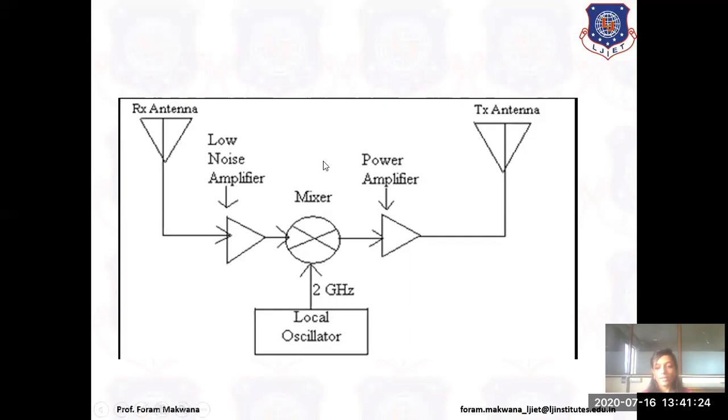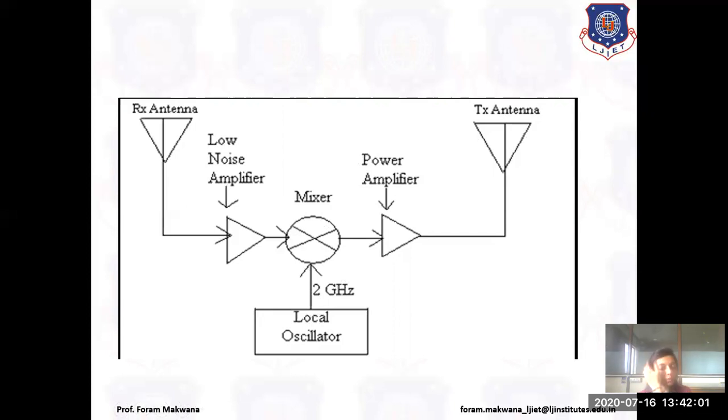In this block diagram, we can see a receiving antenna, a low noise amplifier, mixer, local oscillator, power amplifier, and transmitting antenna. So you can see over here that a transponder receives the signal, amplifies it, converts it to a specific frequency, and then again retransmits it back.